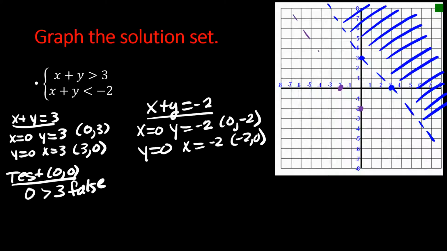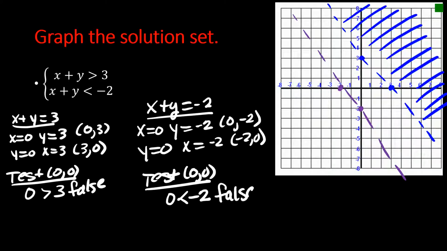And this is a dashed line. And let's test the origin, 0, 0. So we have 0 plus 0 is 0. 0 is less than negative 2 is a false statement. So we're going to end up shading the region opposite 0, 0.